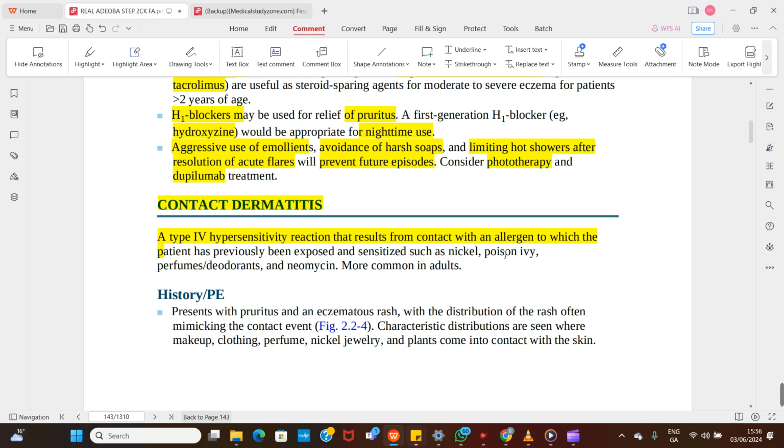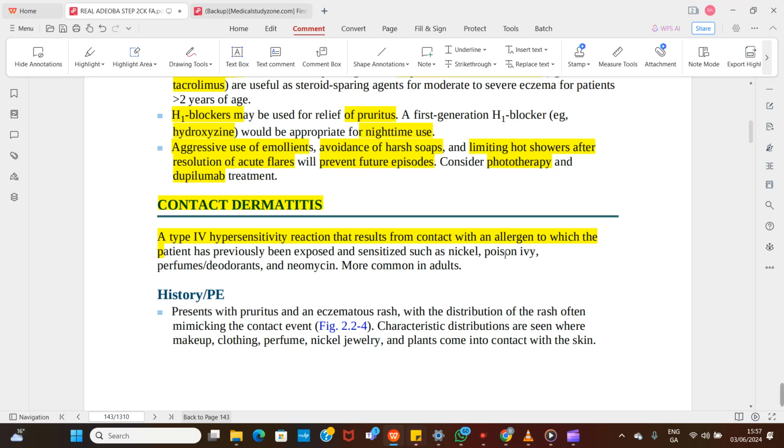So the individual is going to get exposed to the allergen first, and the individual is going to be sensitized, because when the individual is exposed to the allergen, the antigen presenting cells are going to capture that allergen and present it to the naive T cells. And the naive T cells will differentiate into the proper T cells that can respond to the antigen and they will be kept. So that is the sensitization.